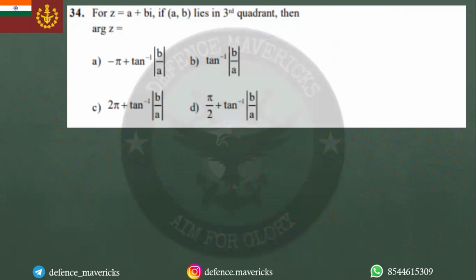Now again, see, they have just directly asked the question what will be the quadrant.